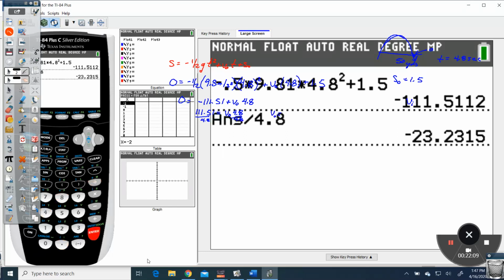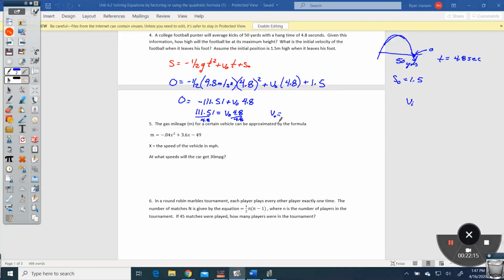So it's 23.2. Okay, so the initial velocity, 23.2 meters per second. So that's the initial velocity. So we've done the first part. We found the initial velocity.